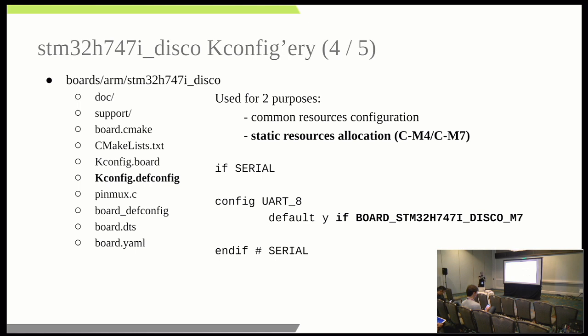This is a bit redundant with device tree, in which we also do resource allocation, but this is the way it is done today in Zephyr, and maybe this is something that we'll be able to improve in the short or medium term, so that the peripheral activation can be done only in device tree. But so far we have to deal with it in device tree and also in Kconfig.